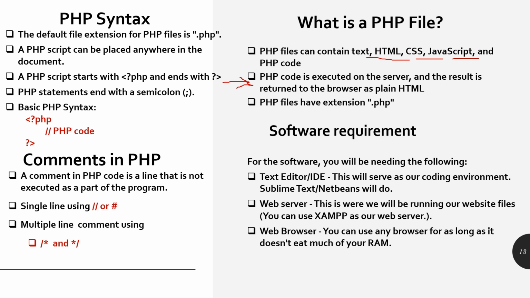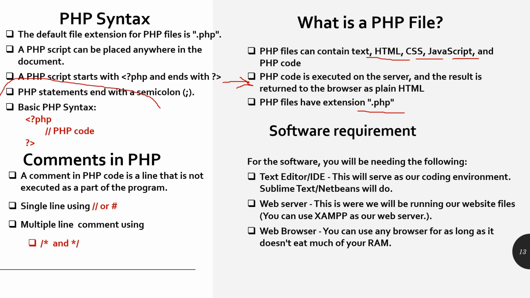Another important thing is that the file name of a PHP file should end with .php. So now you understand that we can embed the code in the HTML file, and we need to save it as .php. Then how and where can we write the code? That is very easy.